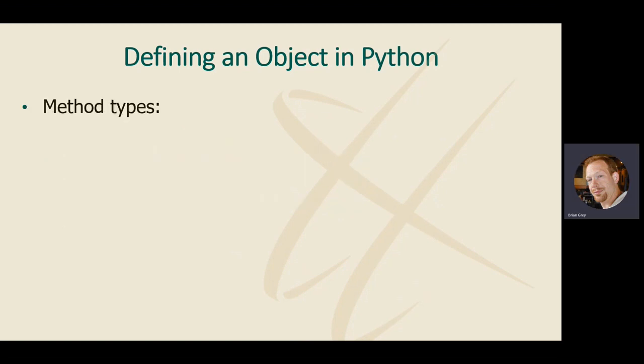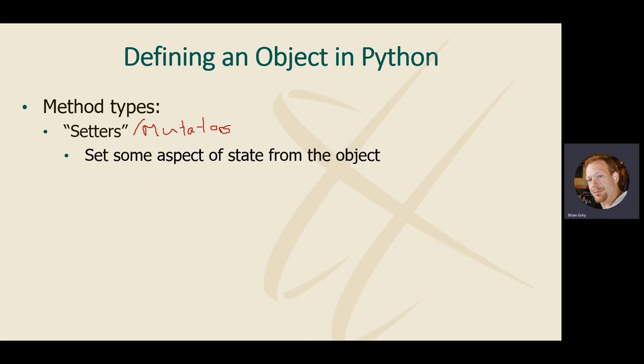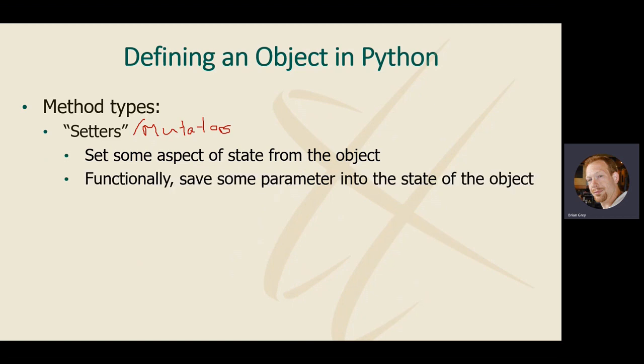So then our next option is setters or mutators, right? Mutate, change. I will use both of these terms as well. And this sets some aspect of the state of the object. It mutates the object in some way. It might save a parameter into the state of the object.